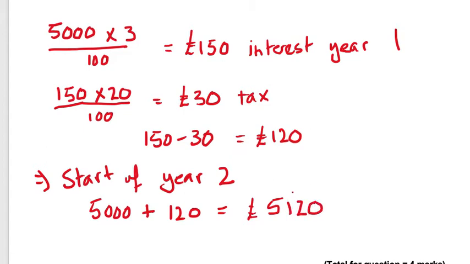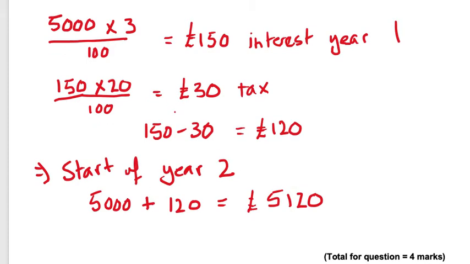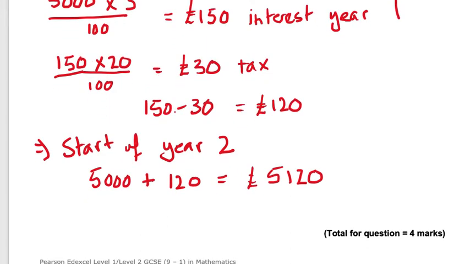We then have to do exactly the same as we've done already. We have to find out what 3% is of that new amount. So we take our 5120. We then multiply that by 3, divide it by 100 again.